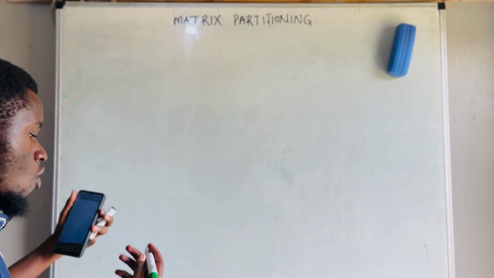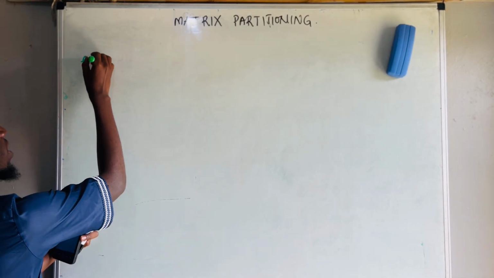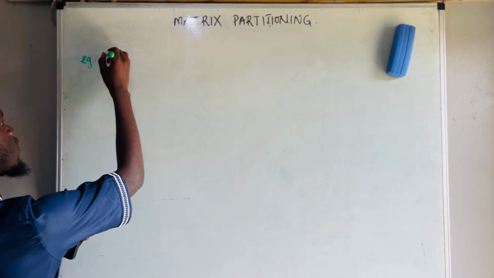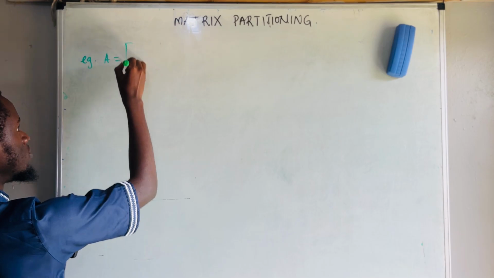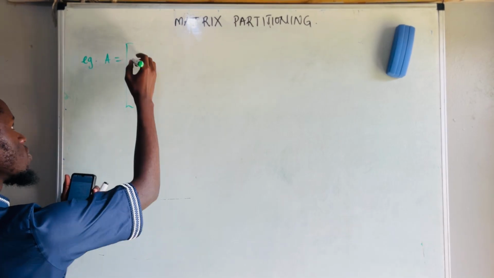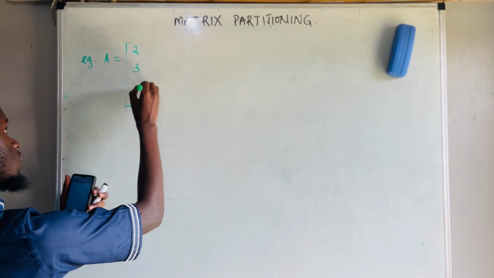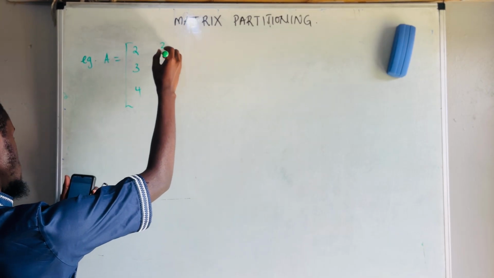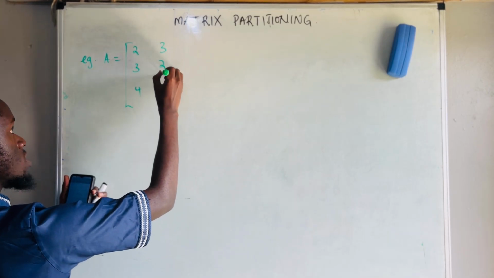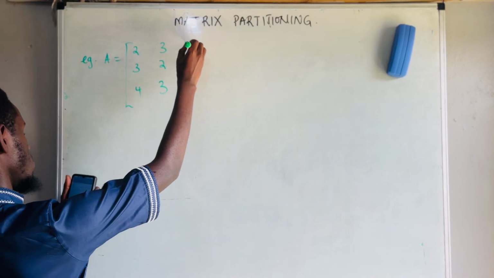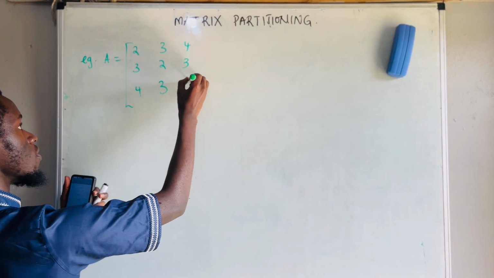For example, we may have a matrix in this format. Our matrix A can be a 3 by 3 matrix, which has 2, 3, 4, then 3, 2, 3, then 4, 3, and 4.